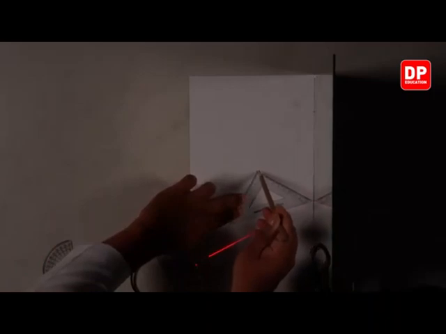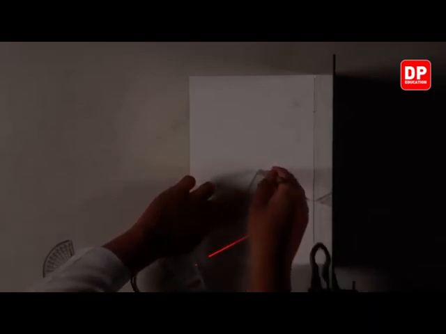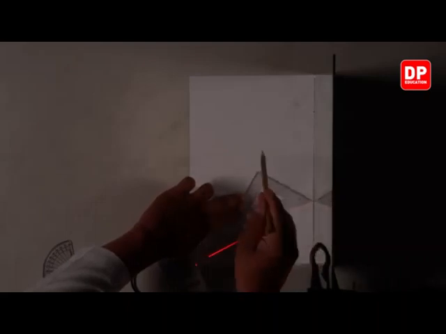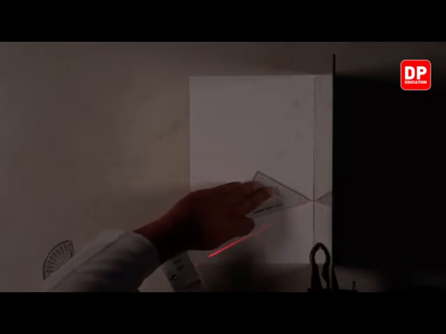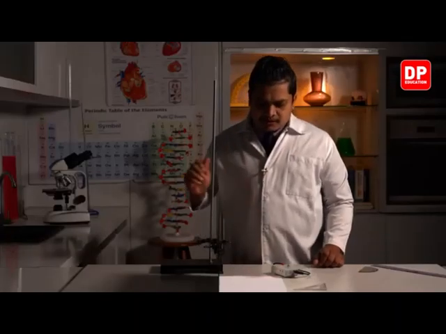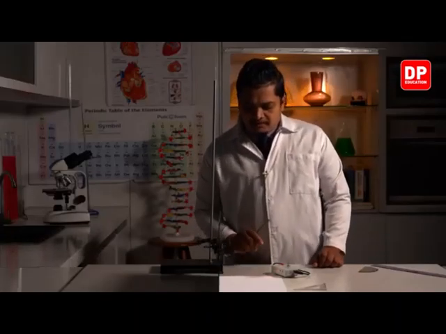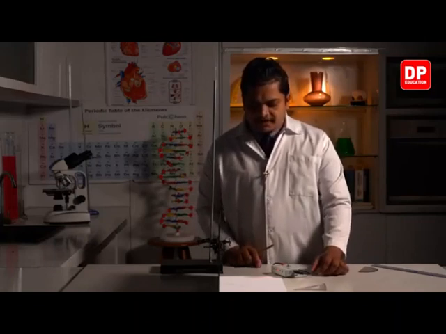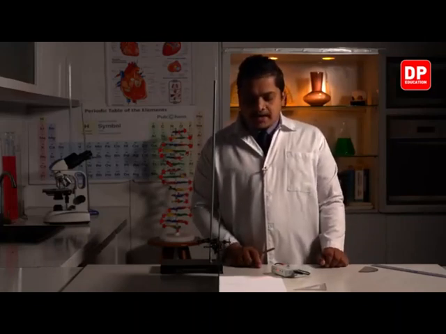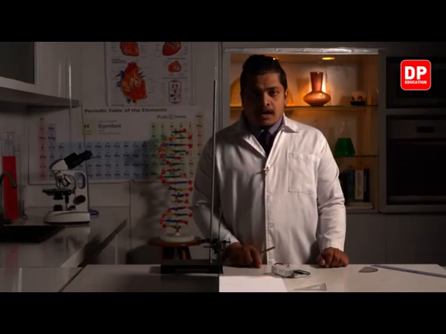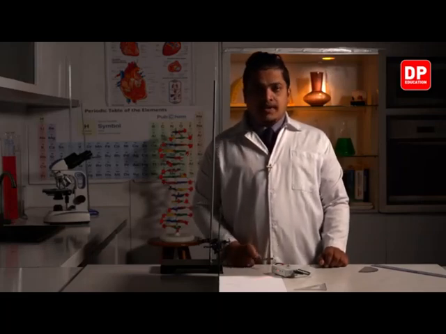Okay, now let's draw the line once more. Okay, so we have marked the two lines, my dear children. Now let's take out the mirror and we'll complete the ray diagram. After that, let's measure the angle between them after making a perpendicular.